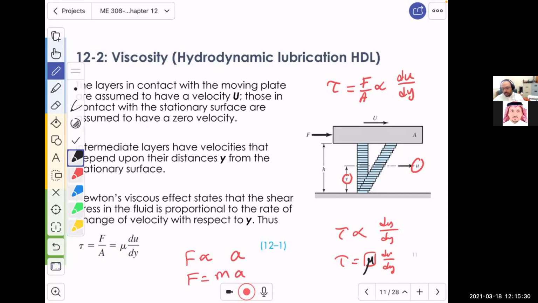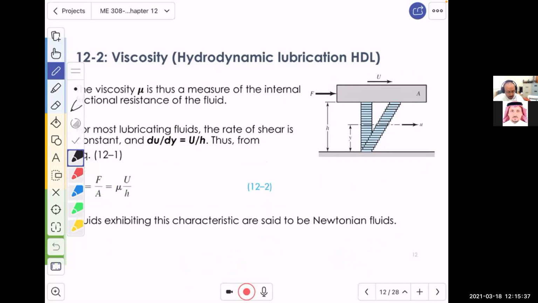Now, we still assume, of course, that this slope is changing due to the change in the characteristic of the fluid, right? So if we assume that this slope will be constant or linear, then du over dy can be measured as u divided by h, which will give you this equation: tau equals mu u over h.